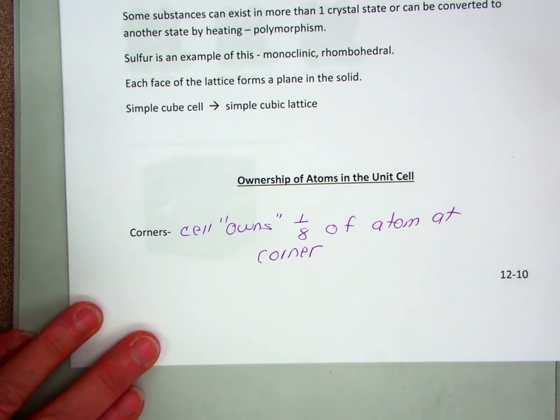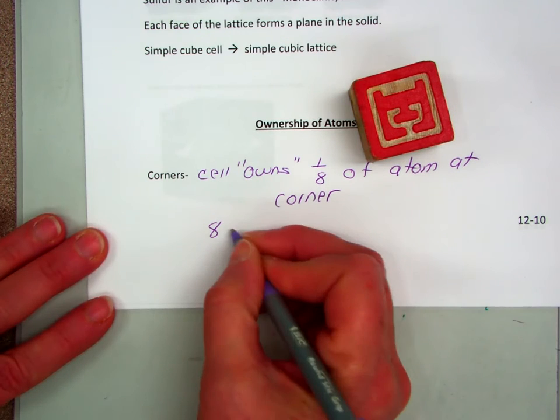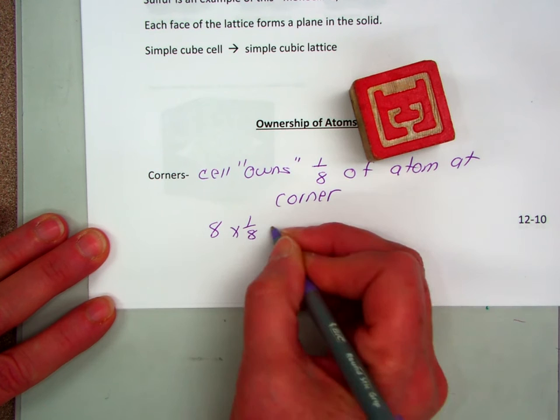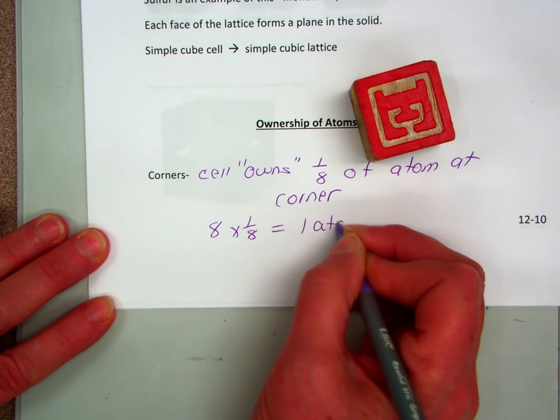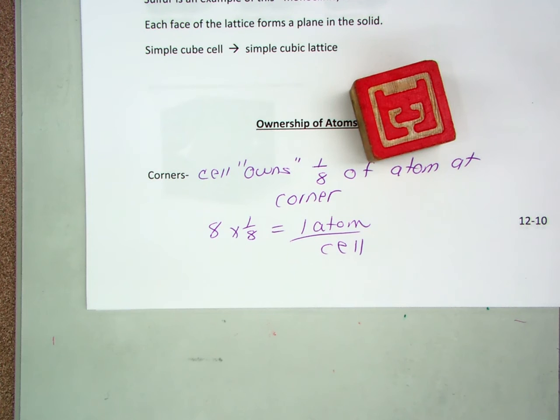And how many corners does a cube have? 8. So 8 corners times 1/8 of an atom is equal to 1 atom per cell. So each unit cell in a simple cubic lattice owns 1 atom.